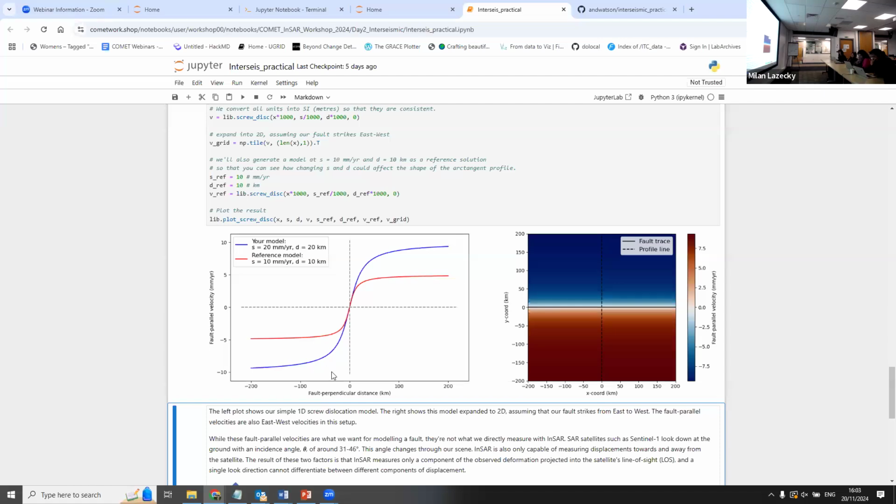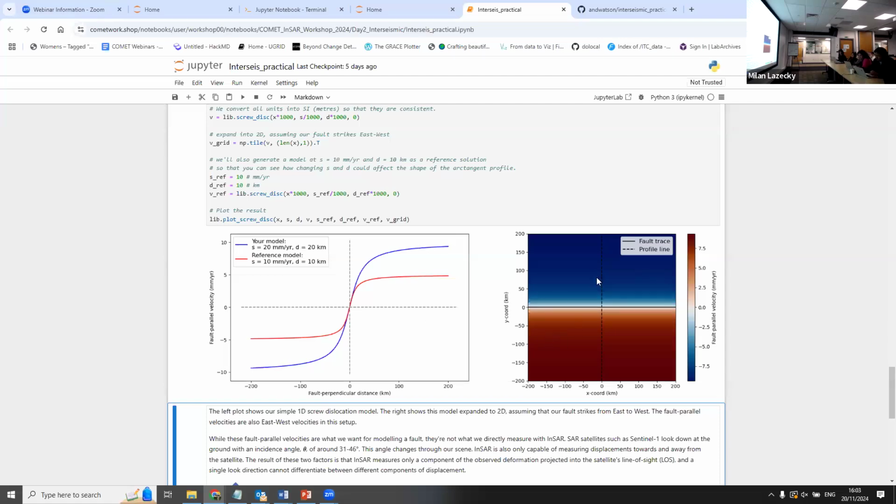You will see that the slip rate controls the step size of the 1D profile, while the locking depth controls the gradient of the velocity profile. Normally, a large slip rate causes a large step size, while a large locking depth causes a gentler, smaller velocity gradient.